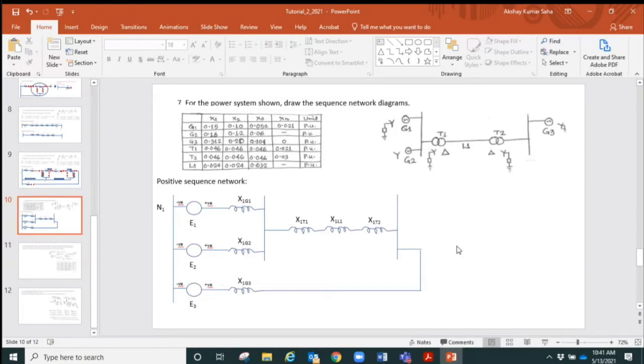But from an electrical point of view, they are all the same. So we can now go to the negative sequence network, if that is okay with you.